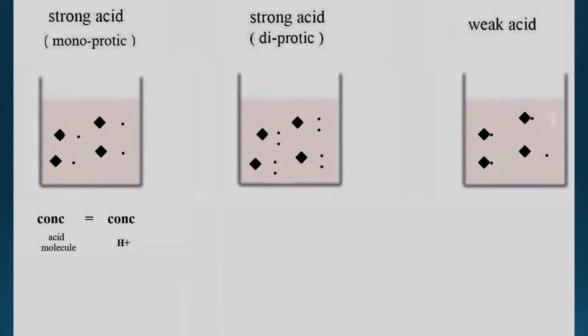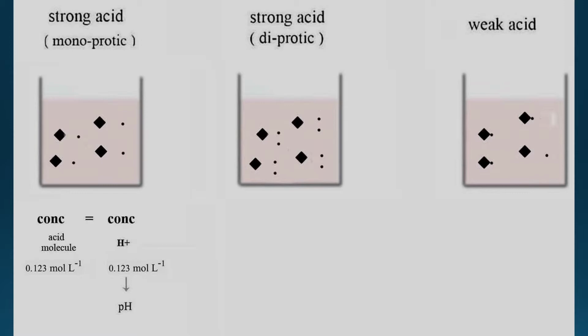The molecule relationship and the H+ ion relationship will be equal. If I have 0.123 mole per liter, the H+ ion will be the same. And now you can convert mole per liter into pH form by using the calculator.